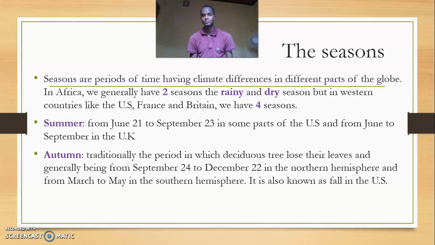So seasons are different things having different climate changes or climate differences in different parts of the world.